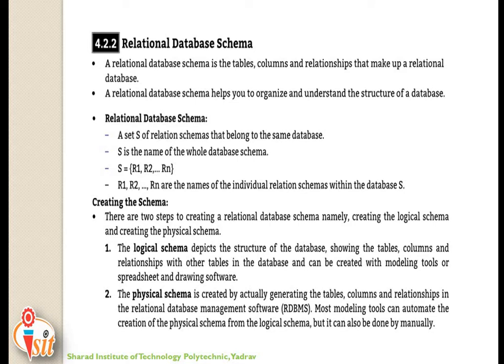Here is one example: a set S of relation schemas that belong to the same database. S is the name of the whole database schema, like S equals R1, R2 up to Rn. Now R1, R2, Rn are the names of the individual relation schemas within the database. This is one example of a relational database schema.